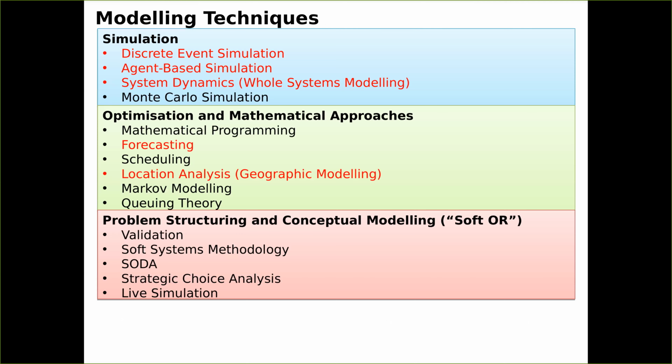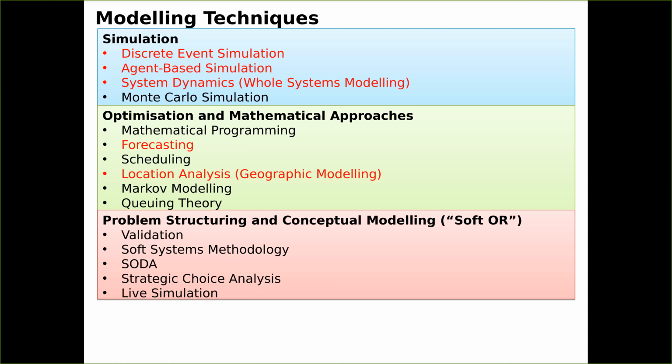So there are a huge range of modeling techniques within operational research, and this is by no means an exhaustive list. And we're not going to take you through all of these things, in part because we don't do a lot of these things. So we don't really do a lot of scheduling or Markov modeling or that sort of thing.